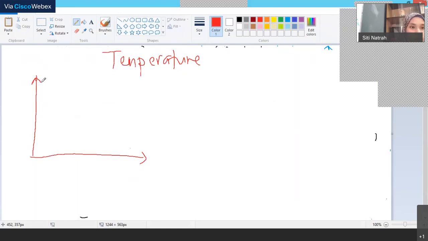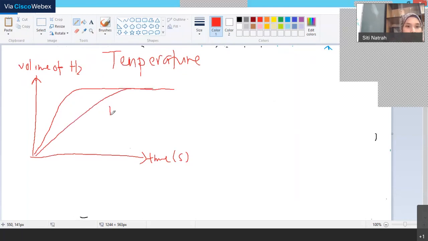So ni adalah volume. Biasa part Y kamu adalah volume of gas. And then ni adalah kamu punya time lah. Okay. So cikgu draw ni sekejap. Ini adalah 1. So atas ni adalah 2. Cuba beritahu cikgu yang mana contoh cikgu nak faktor temperature, increase temperature lah.